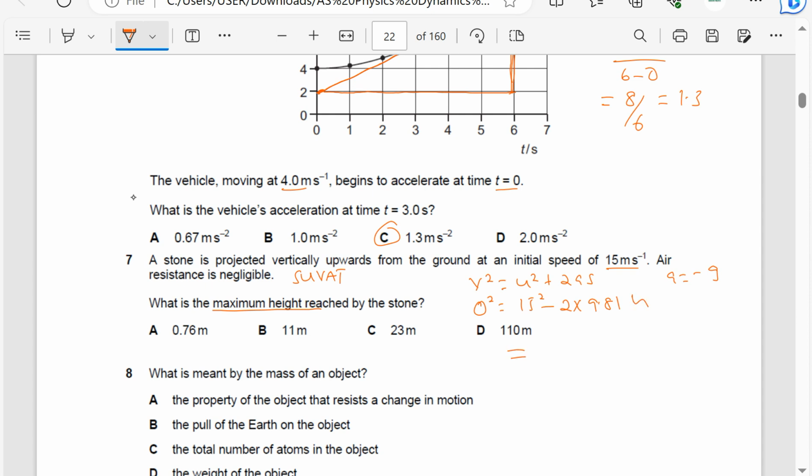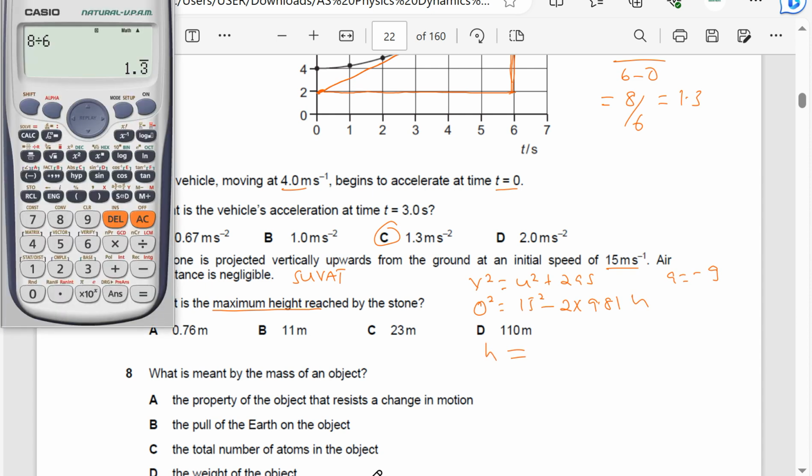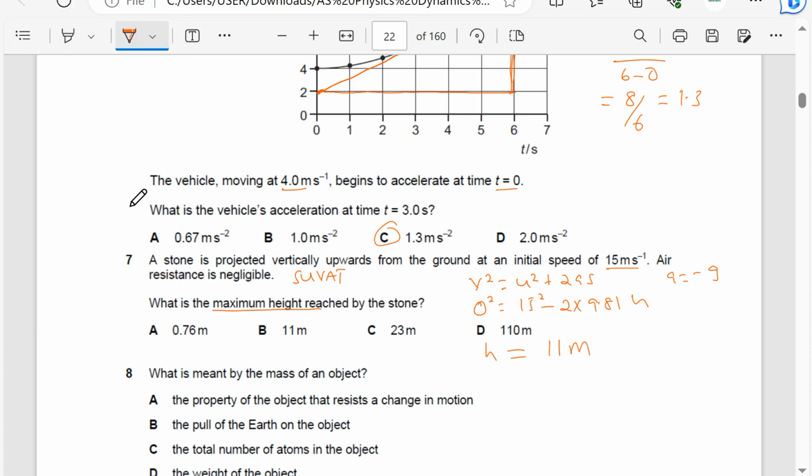I'll just press my calculator to find h. 15 squared divided by 2 times 9.81 gives us 11.5, or 11.46, or approximately 11 meters. So the answer is going to be B.